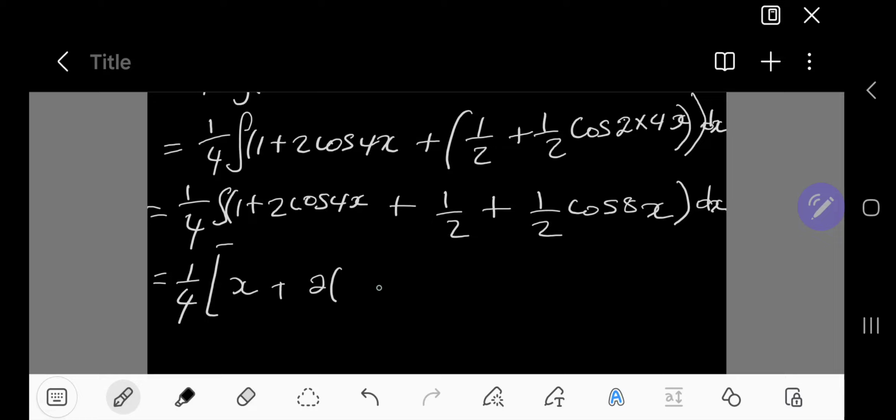When cos changes through integration to sine, it's minus sine.